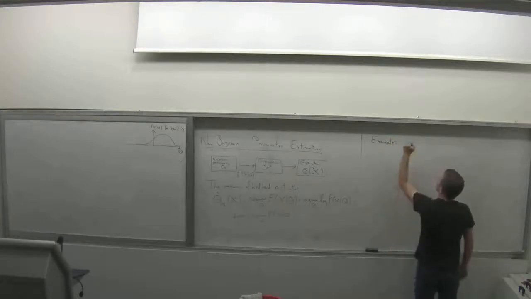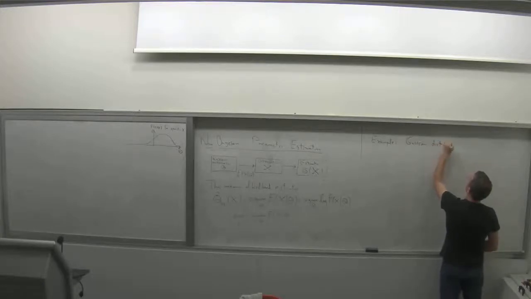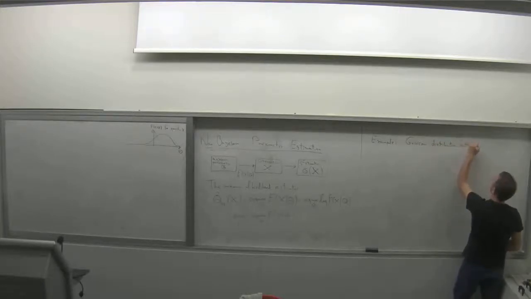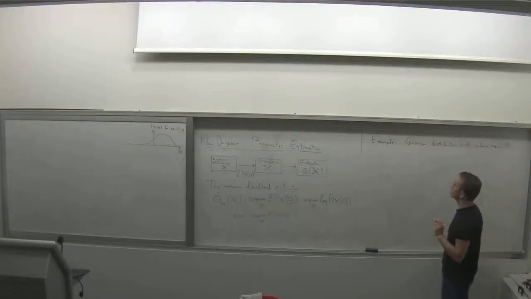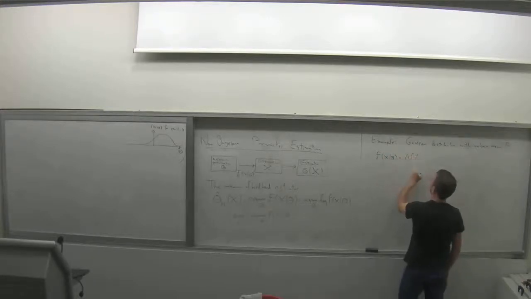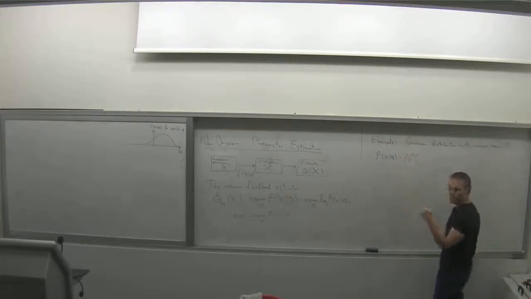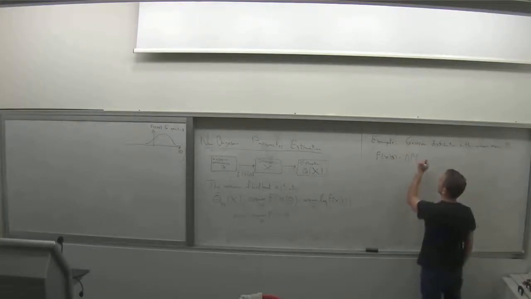Let's say we have a Gaussian distribution with unknown mean theta. So this is your parametric family. f of x given theta is a Gaussian on x, with mean theta and say variance 1.